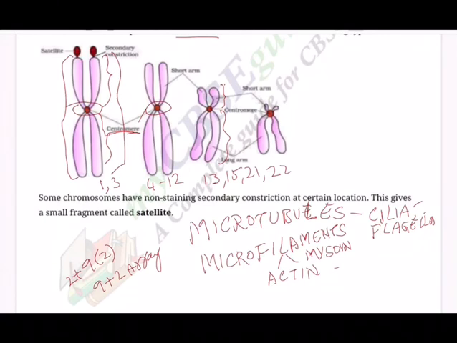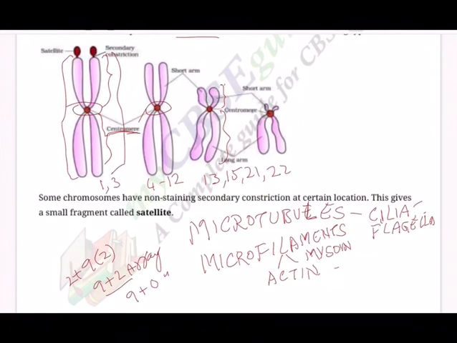Centrioles lack a limiting membrane and DNA or RNA, and form the spindle of microtubules, the mitotic apparatus during mitosis or meiosis. You must remember this arrangement: in the case of cilia and flagella, it is 9 plus 2. In the case of centriole, it is a 9 plus 0 array arrangement. This you must remember again, NEET exam.